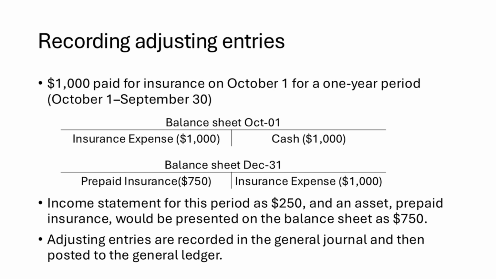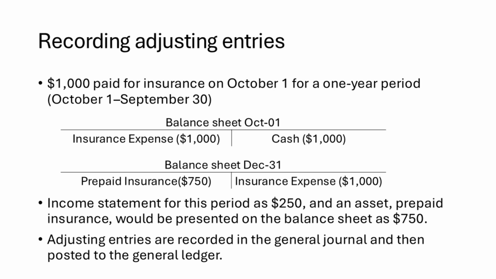The adjustment would debit prepaid insurance, an asset account, for $750 and credit insurance expense for $750. Thus, insurance expense would be presented on the income statement for this period as $250, and an asset, prepaid insurance, would be presented on the balance sheet as $750.